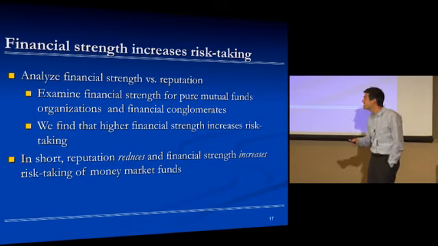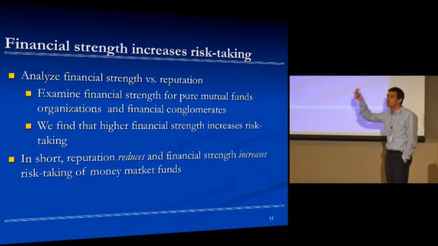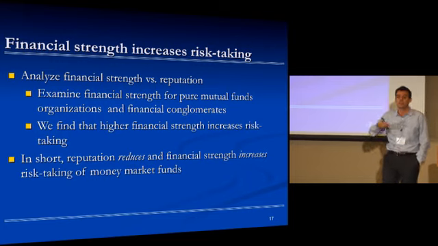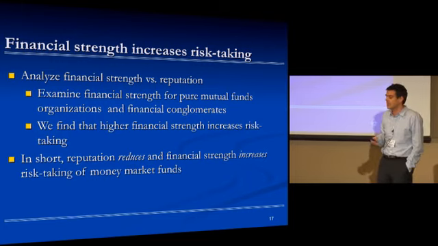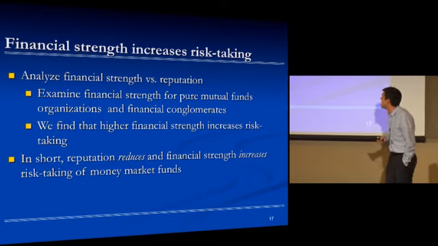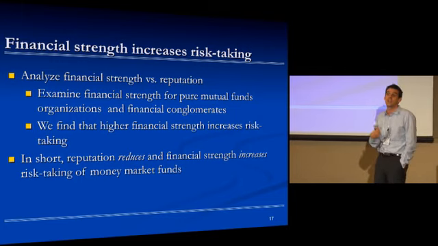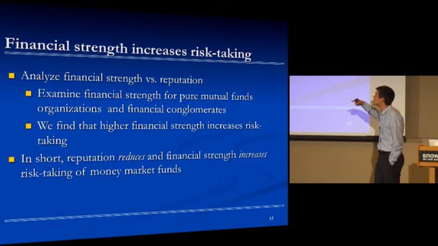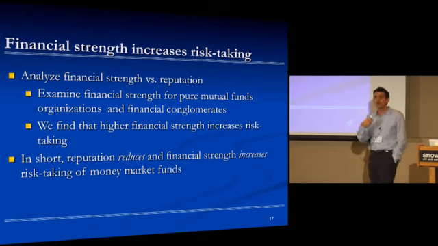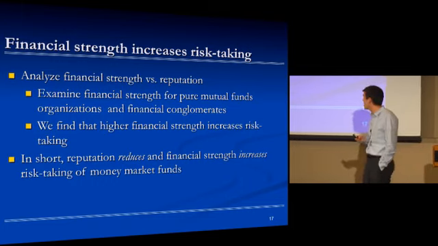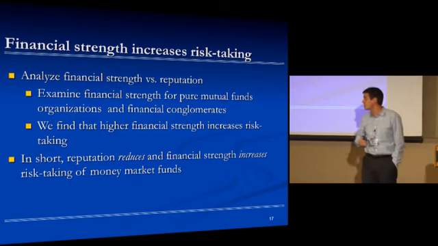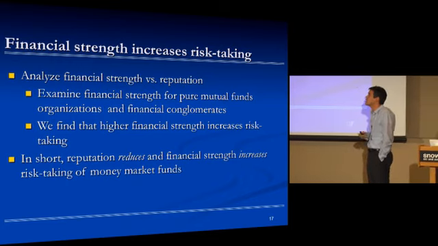And what we find is that higher financial strength in some sense goes the opposite way. So we find that higher financial strength, if you have more assets or access to assets, what you see is that you actually take on more risk. Okay? So it sort of goes the other way if you think that was explaining our reputation results. So in short, what we find is basically reputation reduces risk-taking ex ante, whereas financial strength actually seems to increase the risk-taking of money market funds.